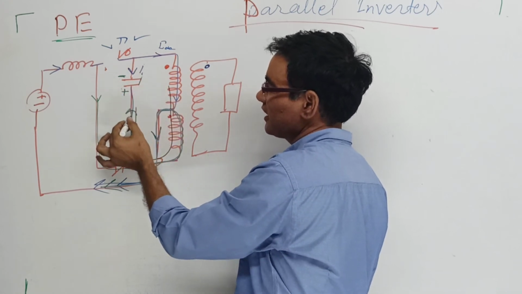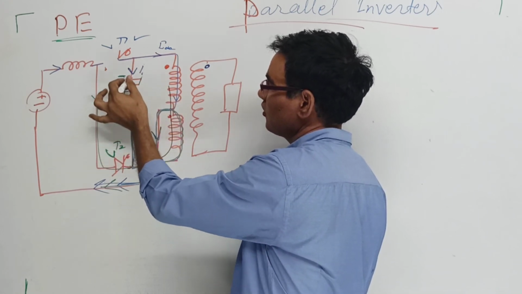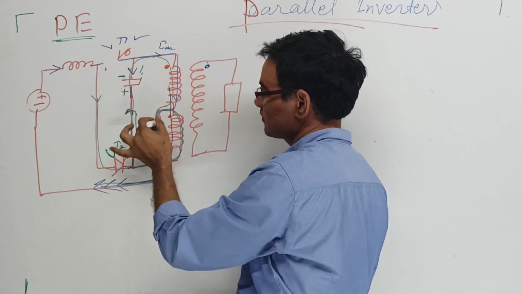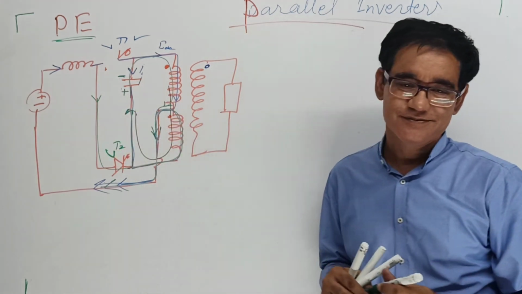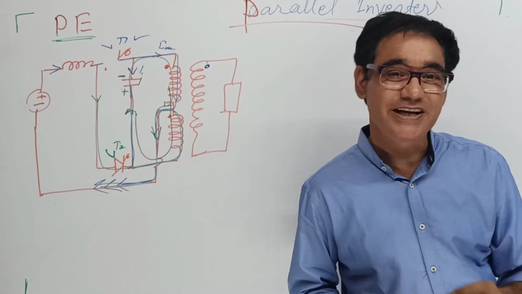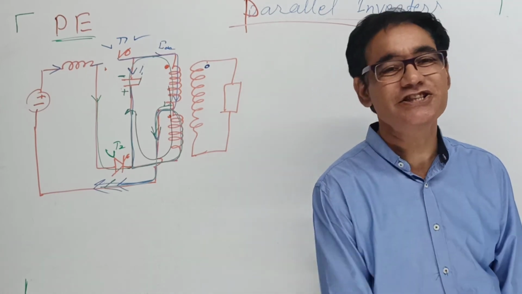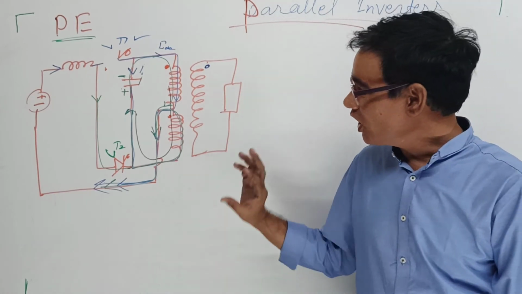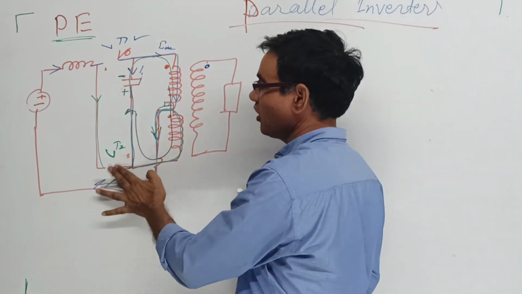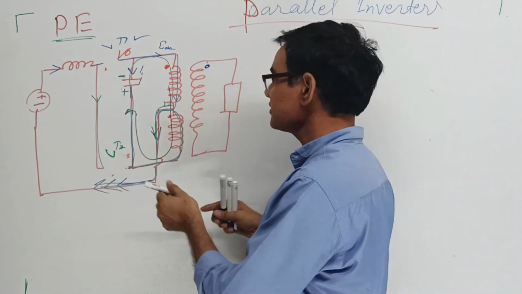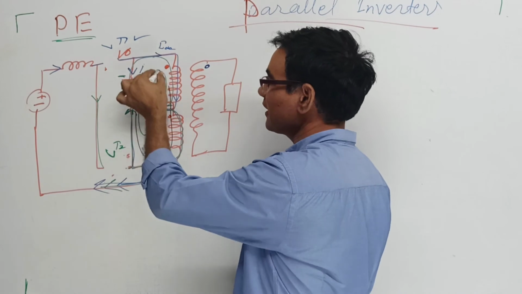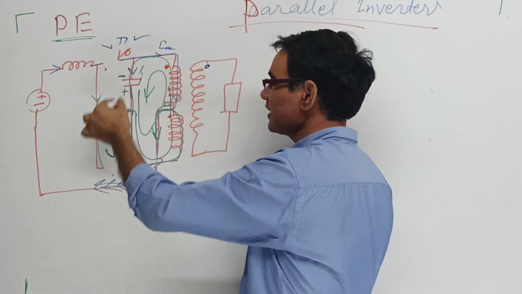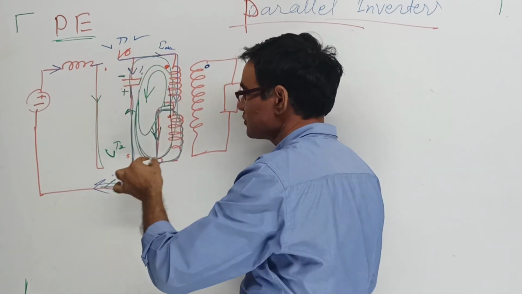The capacitor is getting charged like this and the current flows like this. So in both power cycles, the capacitor gets charged. In both off cycles, when this goes off, this capacitor tries to give the current like this. So in the negative cycle it is produced like this.